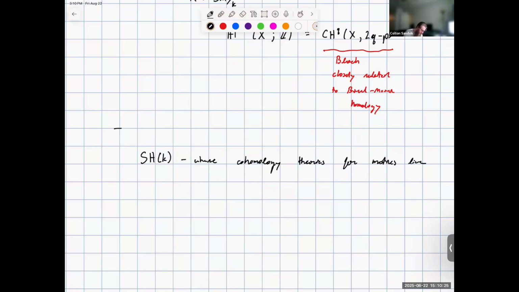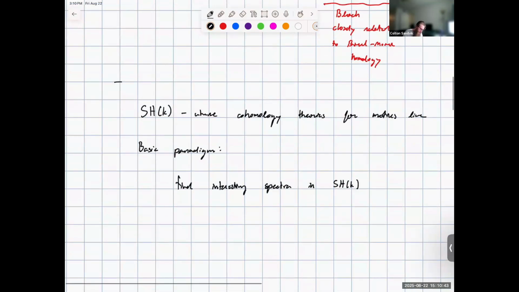A basic construction or paradigm is, what we want to do is find interesting spectra in the stable homotopy category, and then use these to produce cohomology theories for our category of motives.